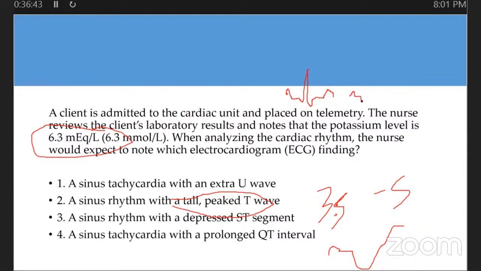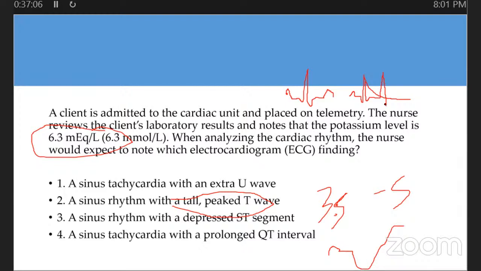Almost like you're going to have two QRS complexes, because your T waves become tall and peaked. So that tells me hyperkalemia. If you don't take anything out of today's class, just remember that if I see a tall peaked T wave on my ECG, that tells me hyperkalemia.